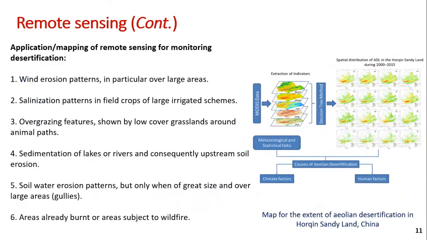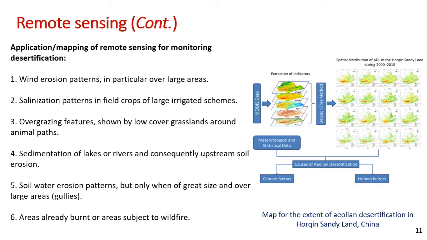If we look at remote sensing, we would find it's a powerful technique, because it is actually used by different fields, like the environmental field, engineering fields, hydrological fields, or soil fields, to do a lot of things. And if we just concern ourselves with the application of remote sensing to monitor desertification, you would find that remote sensing can be used to monitor wind erosion.